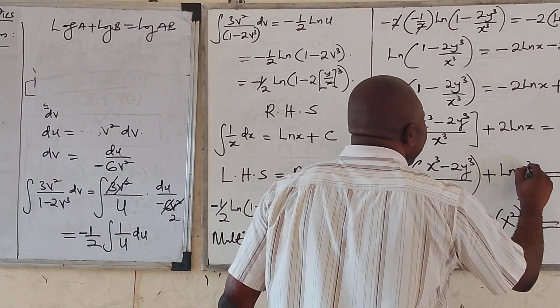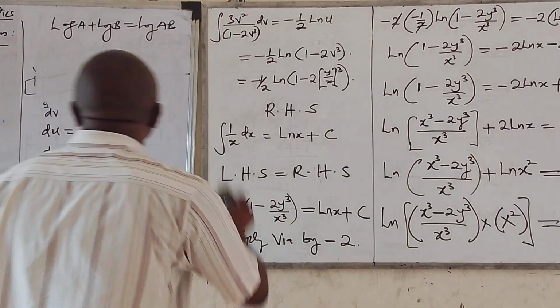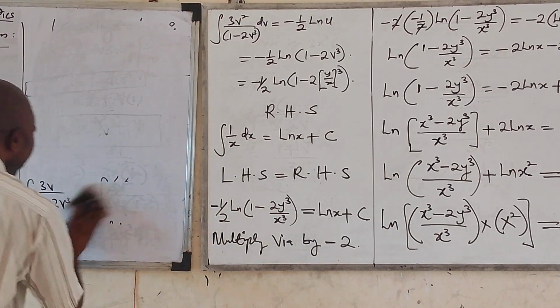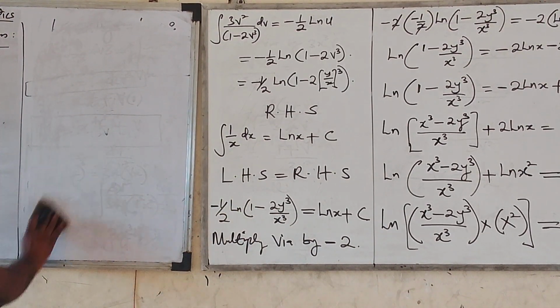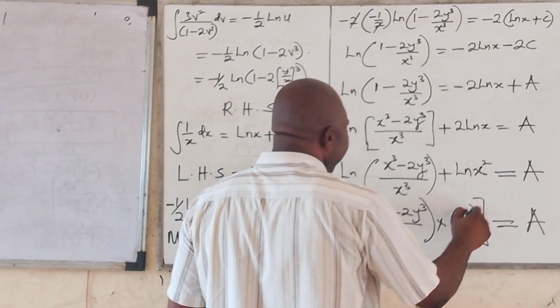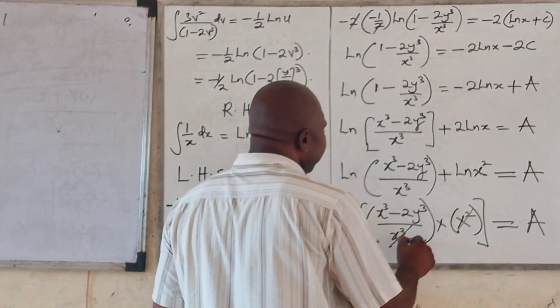So here, what we have now is that the x squared will cancel, will reduce the x raised to the power of 3. Now let's look at it. Here we have x squared, here we'll be left with x.